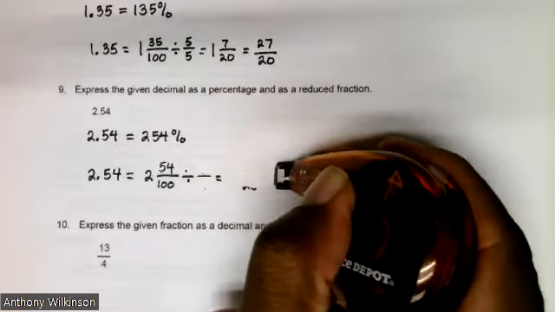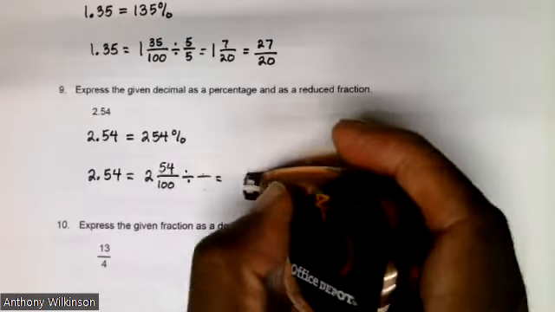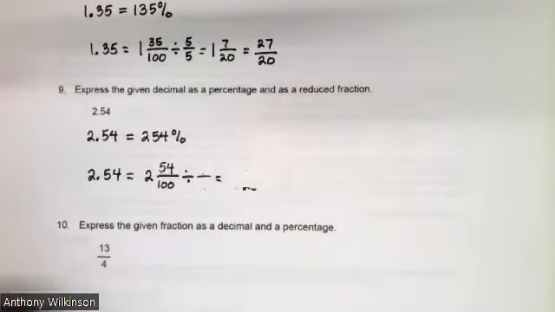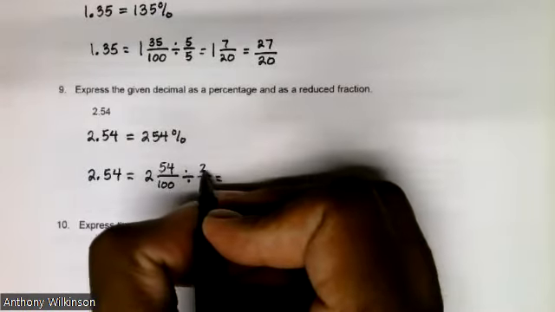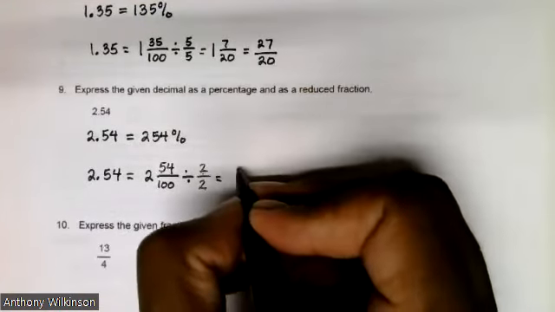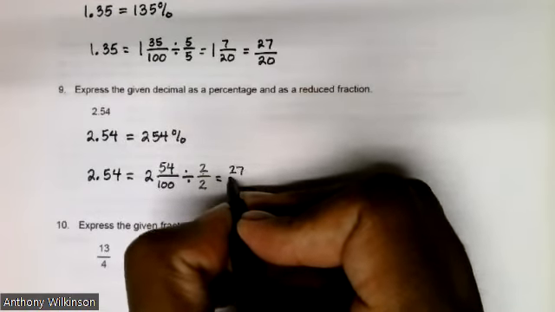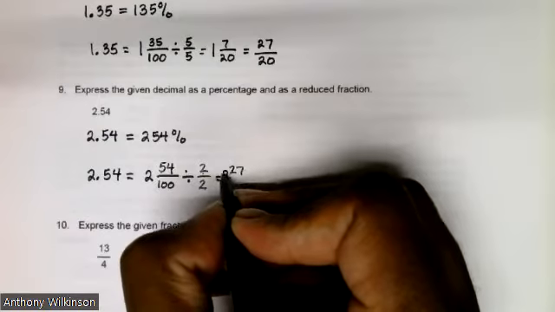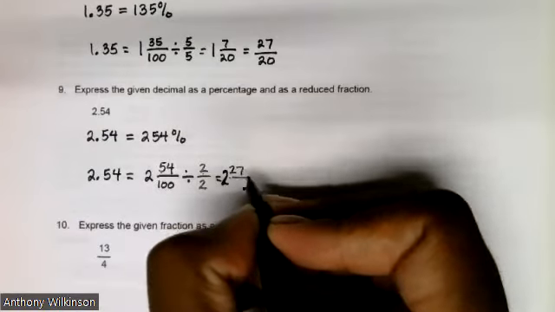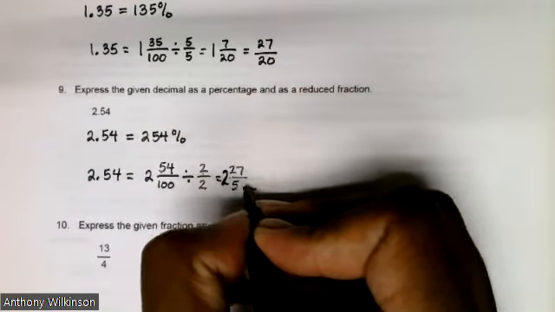In this case here, we're not going to be able to divide by 4. We need to divide by 2. That's the largest number that goes into 54 and 100. It will have to be 2. So 2 goes into 54 27 times. And we bring that 2 over. 2 goes into 100 50 times.